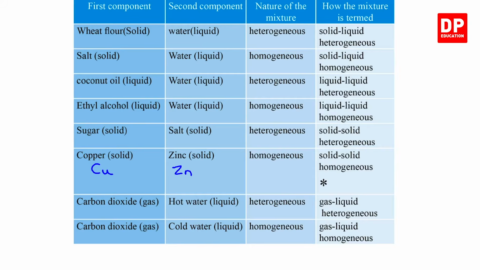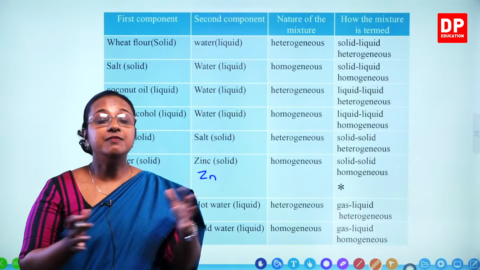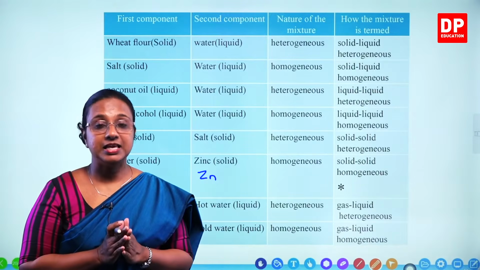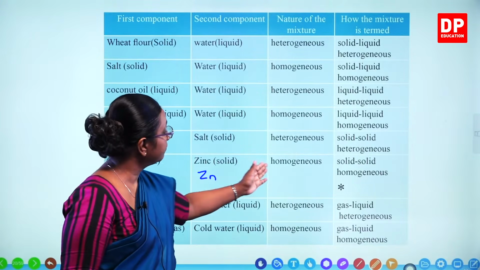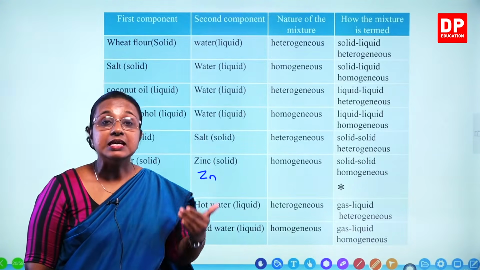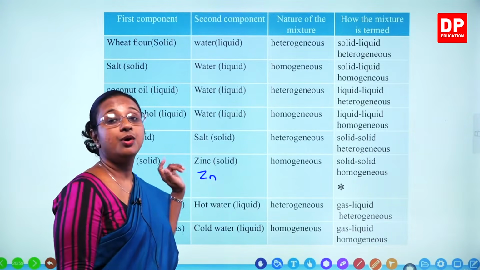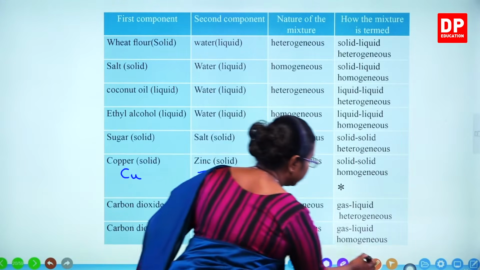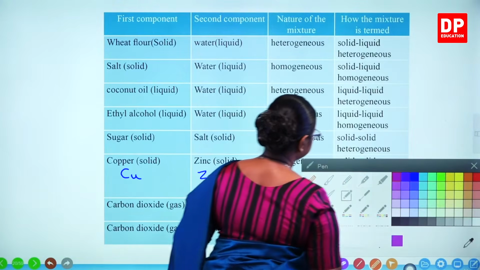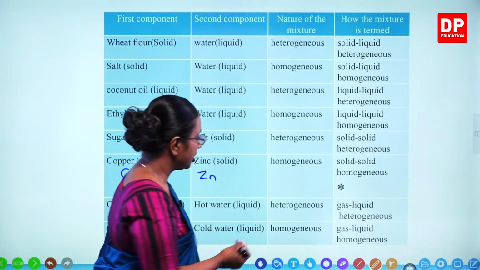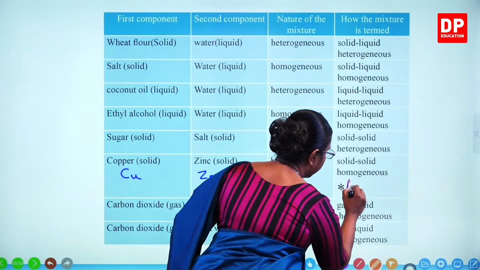Yes, if you had copper and zinc as solid particles and just mixed them together, you can differentiate them easily. But here what they mean is the alloy formed with these two metals. That is why it becomes a homogeneous mixture. An alloy.